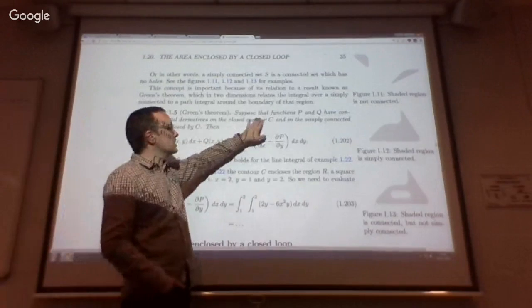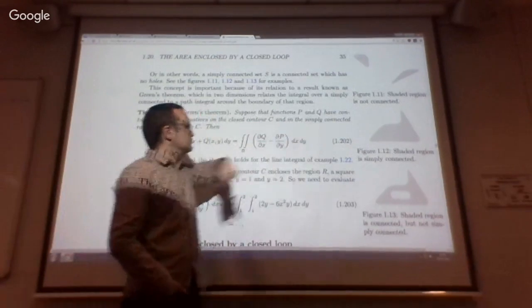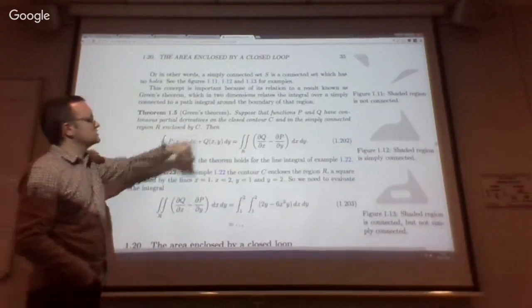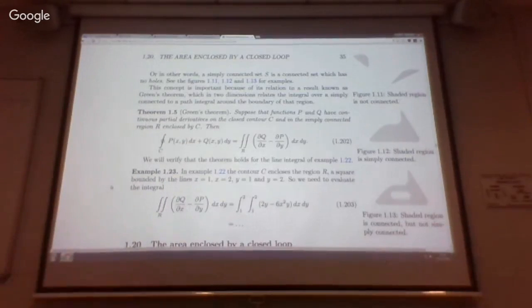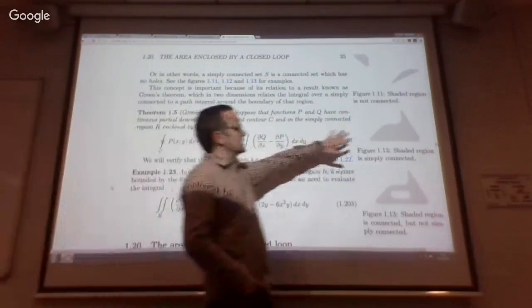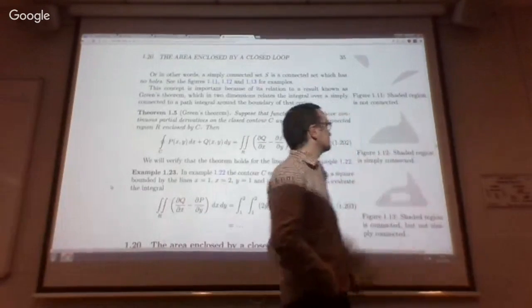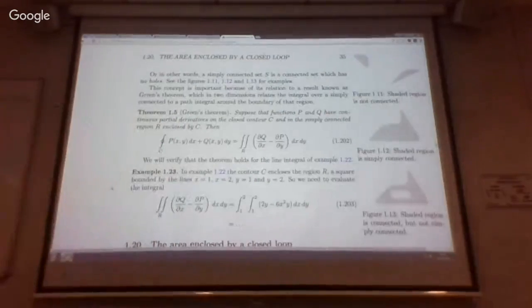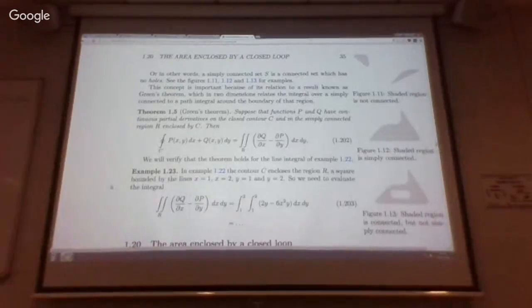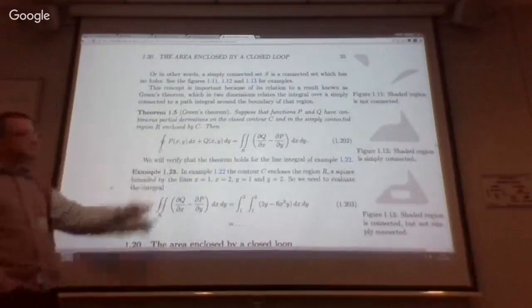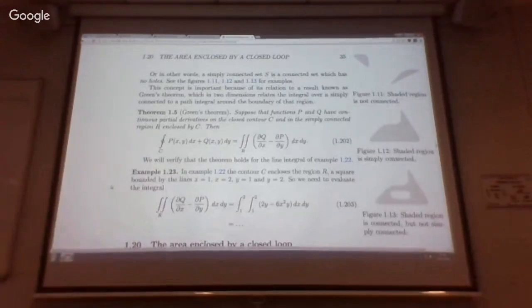C is a closed curve, and the simply connected region R is enclosed by C. And P and Q are the two functions appearing in the linear differential form on the left-hand side, and they are required to have continuous partial derivatives on the closed contour C and in the interior of C. So they're required to be well-behaved functions.